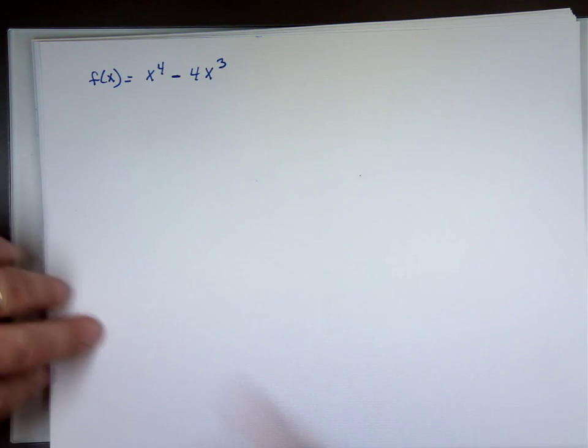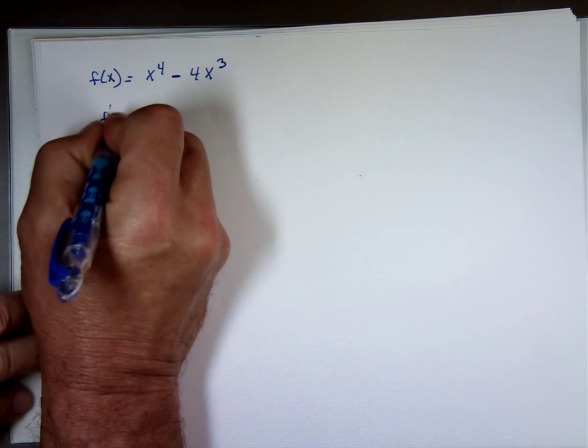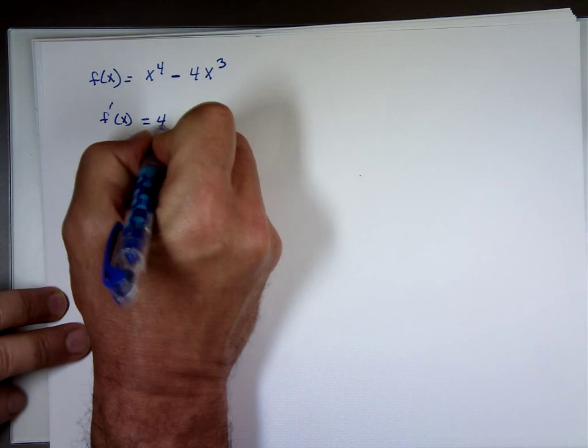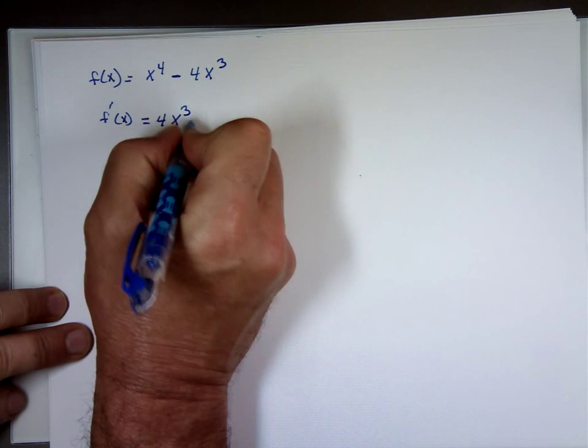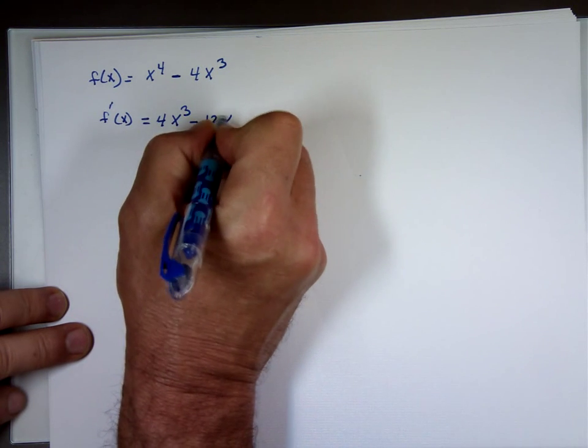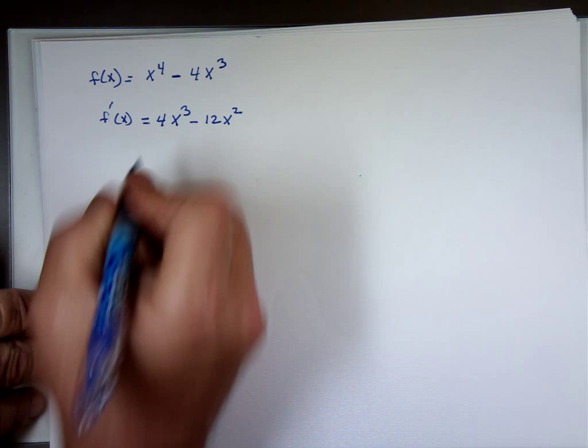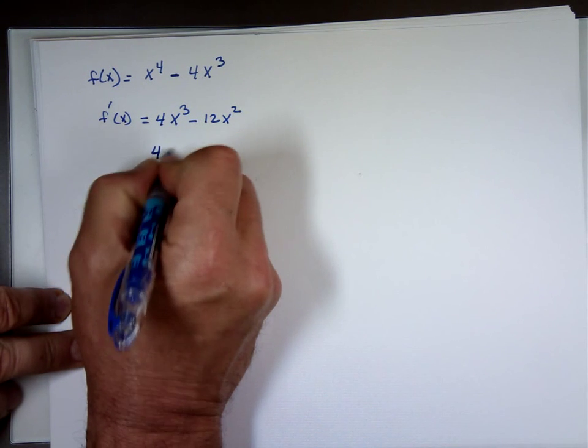So the first derivative, which is what? 4x to the third minus 12x squared. Let's set it equal to 0 and solve it to get the critical values.